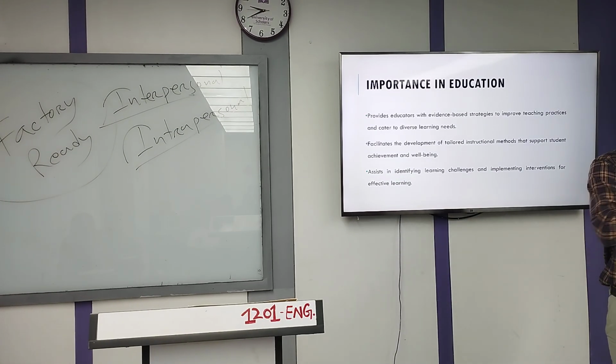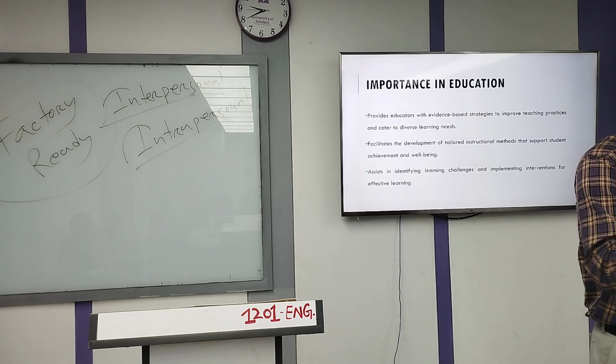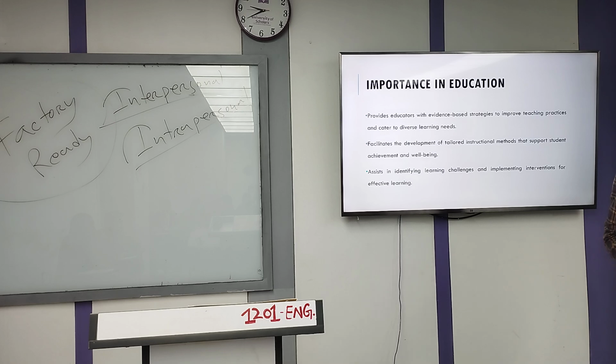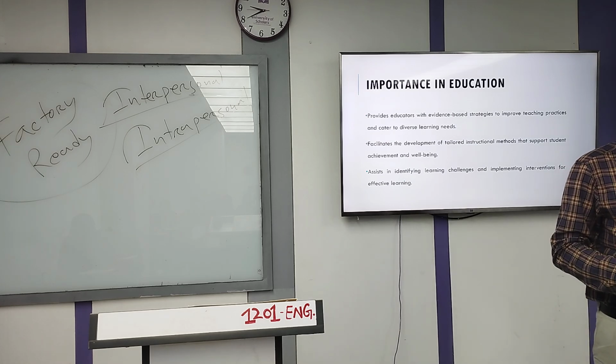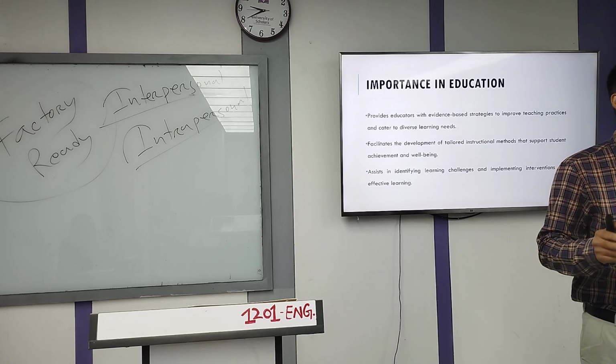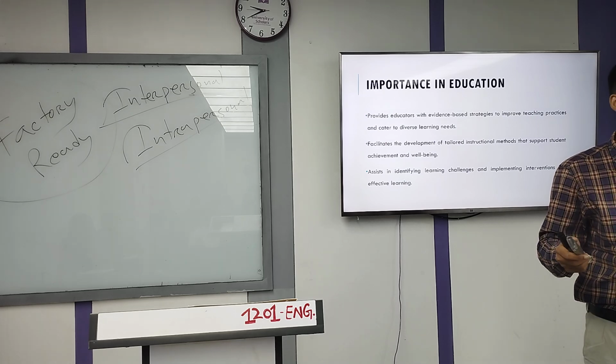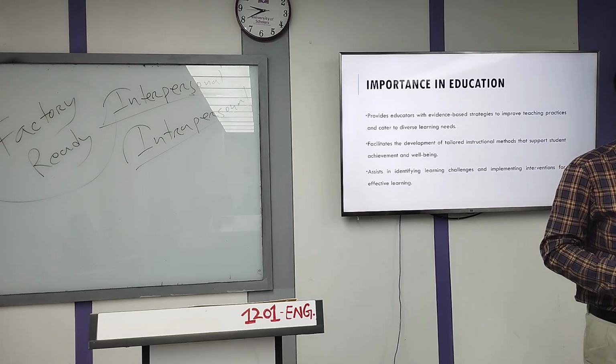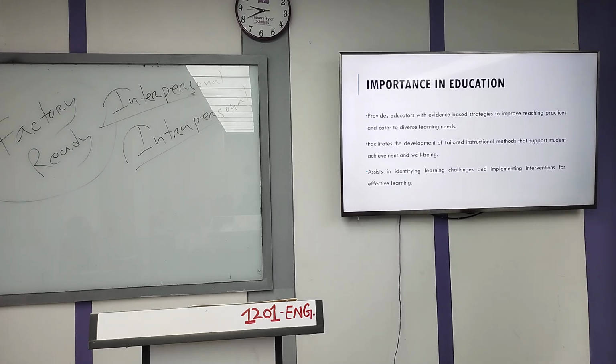No matter which factory you are in, whether telecommunication industry, food chain industry, or whatever, even a government factory or government industry, no problem. But we are not ready enough. So our UGC and our government is trying to implement the OBE syllabus, outcome-based education, so that we will make our learners ready for the factories, for the industry.